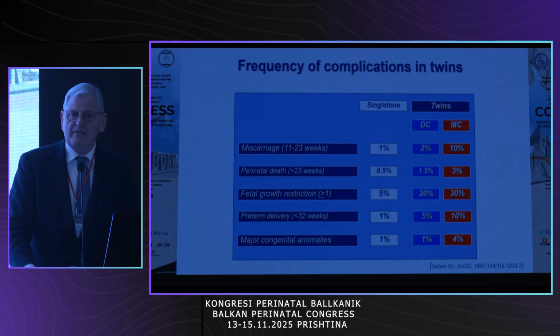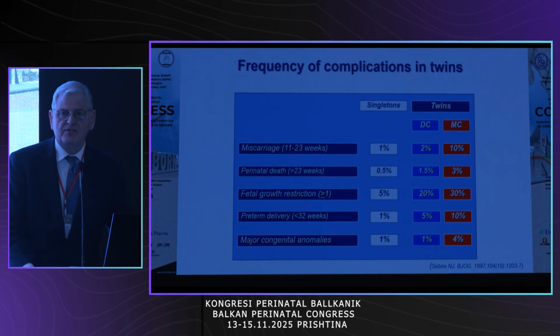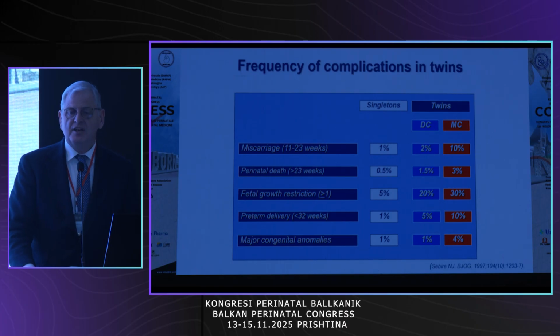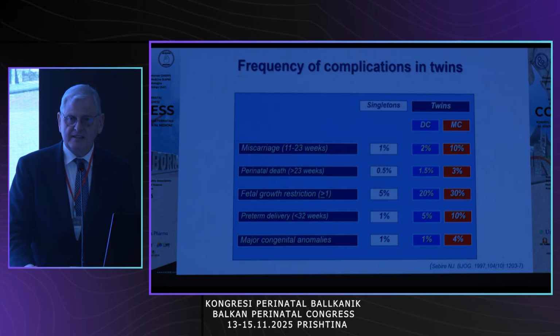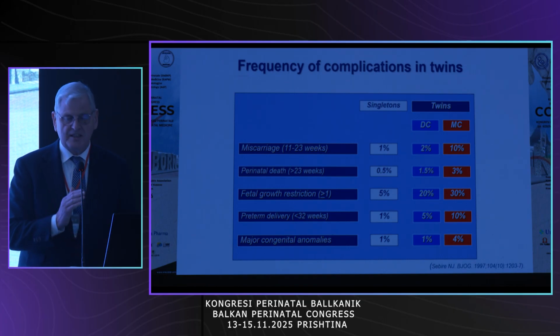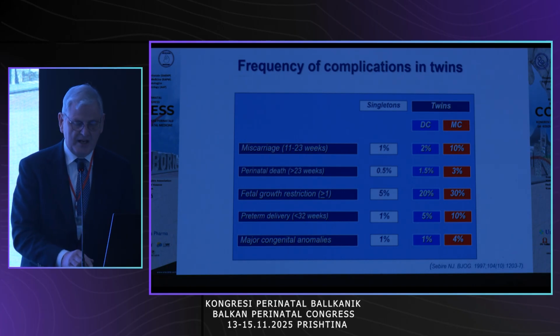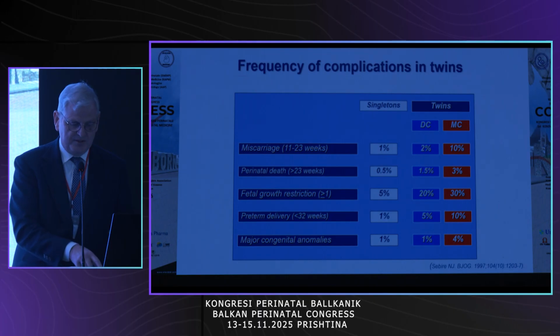Twins, though, carry increased common pregnancy complications over singleton pregnancies, that of miscarriage, perinatal death, stillbirth, growth restriction, preterm birth, and major congenital abnormalities. And you can see that there is a systematic rise in prevalence from singletons to dichorionic twins, with the highest risks being in monochorionic twins.